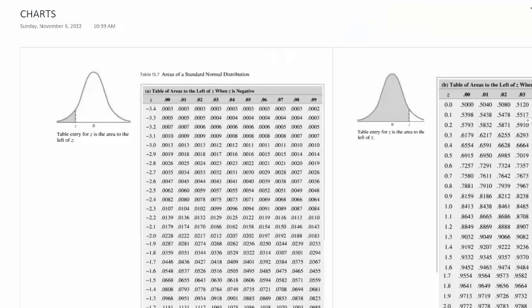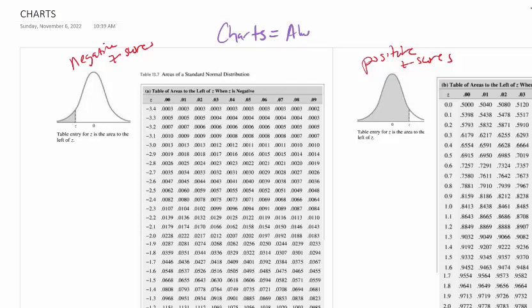So the first one, again, was 0, which we already should know. So I actually am just going to look at the z-score for the 1, and remember that this is my chart for negative z-scores, and this is for my positive z-scores. This is going to be given to you in your homework. You're going to be able to click on it. And these charts always give you the area to the left.